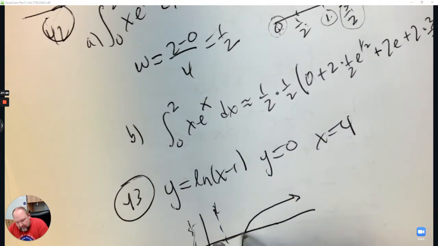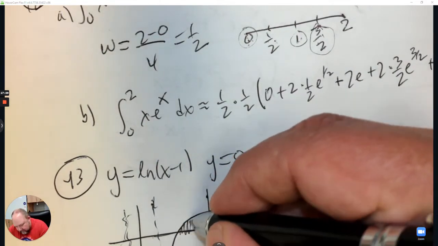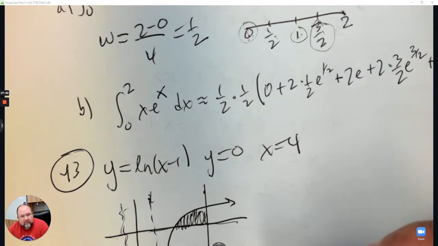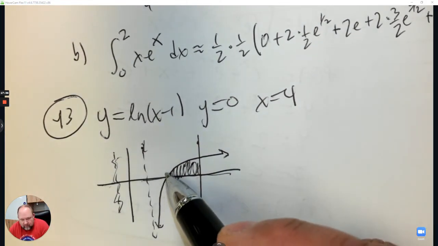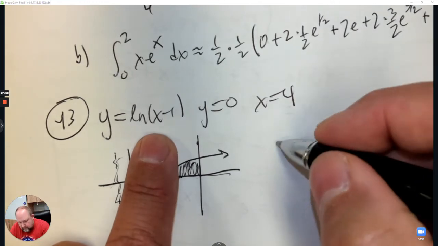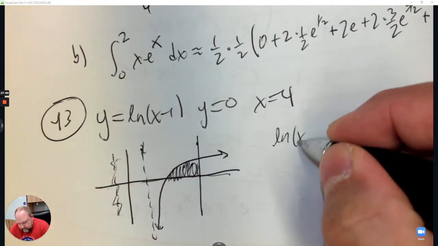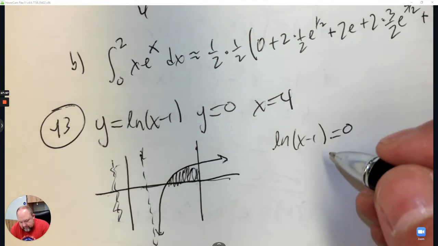And so we have y equals 0. We have x equals 4. And then we have our region right there. Now, what would make this equal to 0?